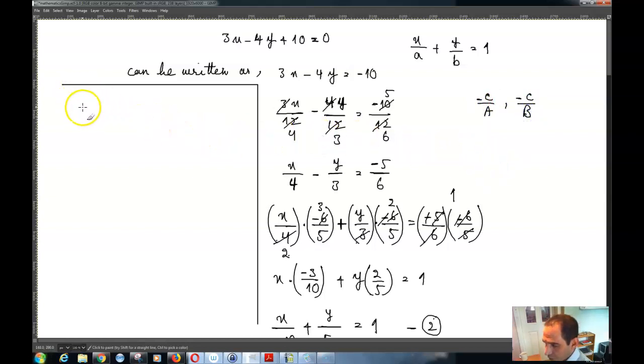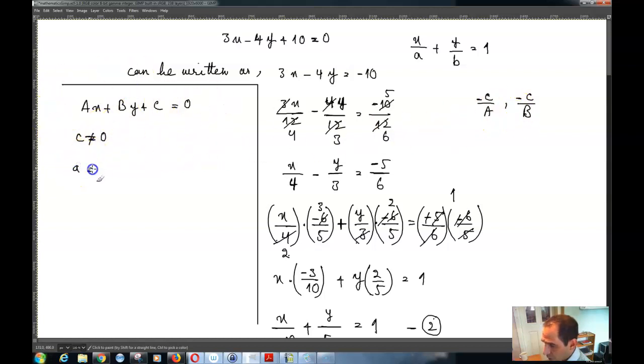So whenever you have some equation, the general form of the equation of the line is ax plus by plus c is equal to 0. Now if a and b are not equal to 0, and of course if c is not equal to 0, then you can simply use this formula.